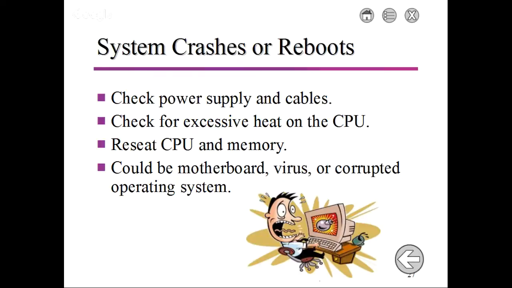They can get so hot that they'll burn you if you touch them, or boil water if you put a little water on them. And that's not good when they're getting that hot. You know, we're not trying to boil water with our computer. So what can cause that? Why do computers get hot?